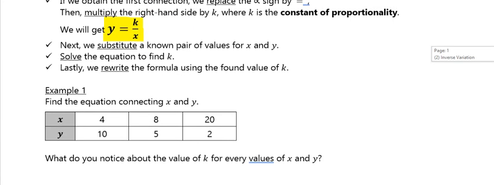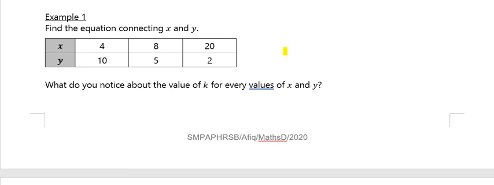So let's start with example number 1. Find the equation connecting x and y. You can see here there are 3 pairs of values of x and y. Let's start with the relationship, which is y is proportional to 1 over x, which is y equals k over x.